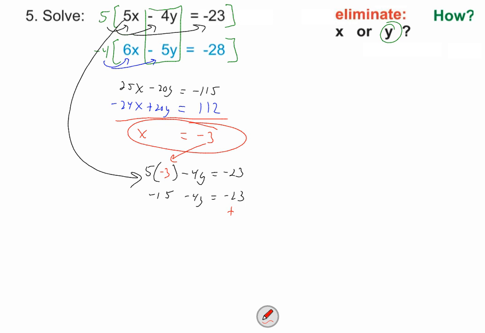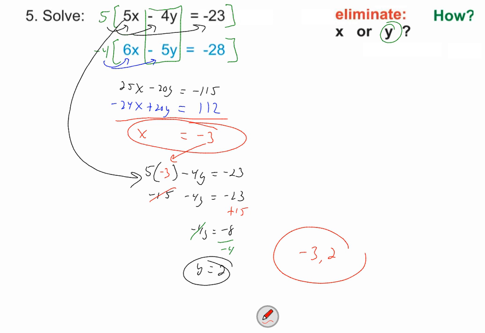Add a positive 15 to both sides. Negative 4y equals negative 8. Divide both sides by negative 4. y is 2. And our final answer is negative 3, 2. This system was consistent and independent.